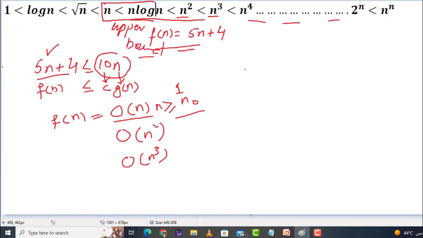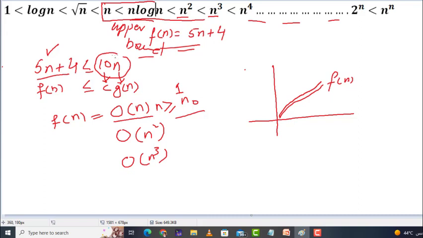But I will add one important thing here, which I have already explained in the previous example. If you have f of n and you want to find its upper bound, it should be quite close to it. It should be optimized.